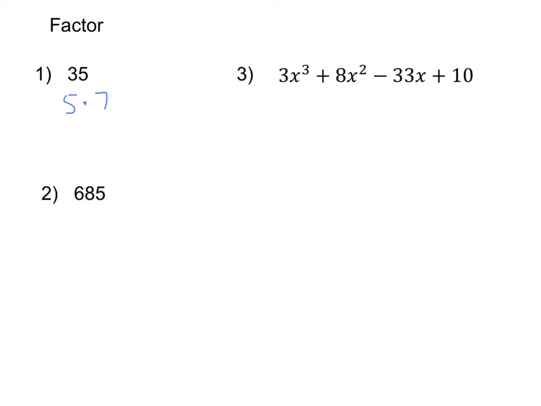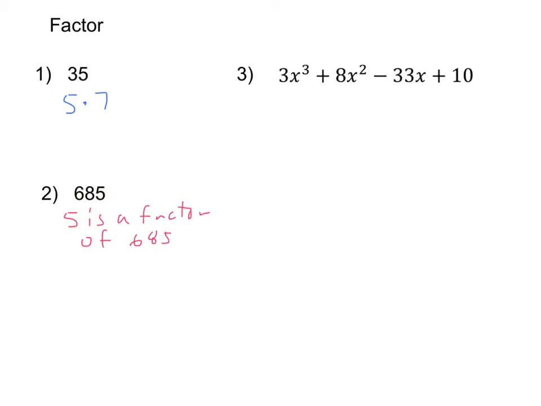But we could still do this, because 685 ends in 5, so we know that it's divisible by 5. In other words, we know that 5 is a factor of 685. So 685 divided by 5 will give us a nice number.